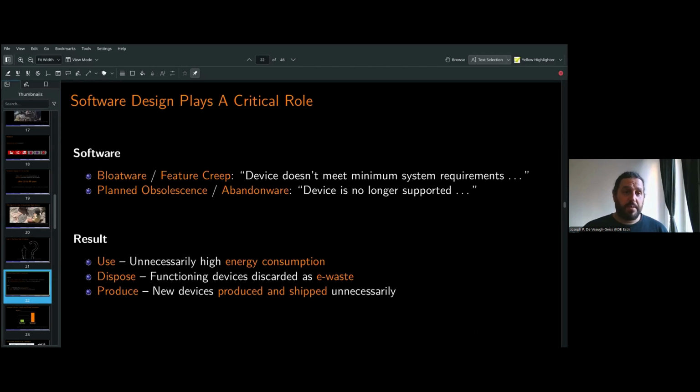There's also the problem of planned obsolescence, that is where software support ends. This then can render a new or functioning device unusable. It can increase the energy consumption where you're adding more and more features that may not even be wanted by the user. Devices get discarded and then new devices are produced and shipped unnecessarily.